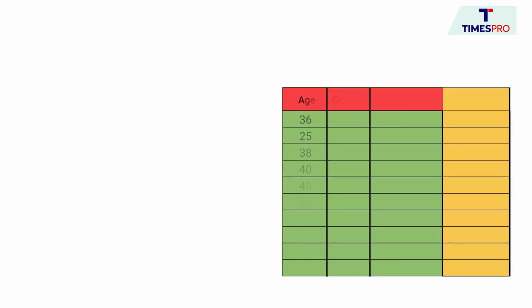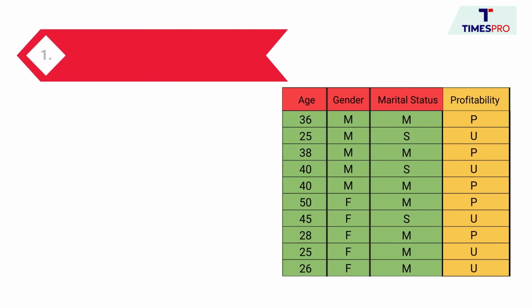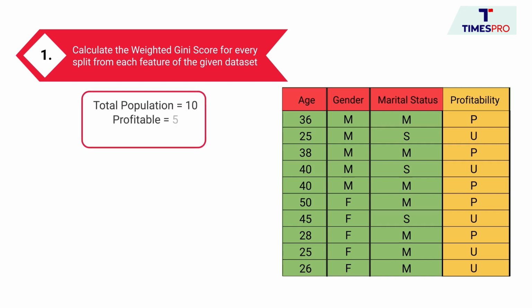Let's now construct a decision tree based on the Gini index. Step 1, we are going to calculate the weighted Gini score for every split from each feature of the given data set. We have a total population of 10 observations with 5 profitable and 5 unprofitable customers.